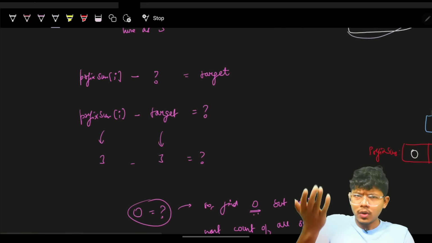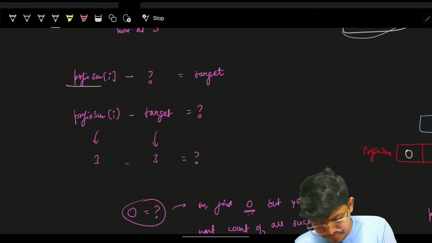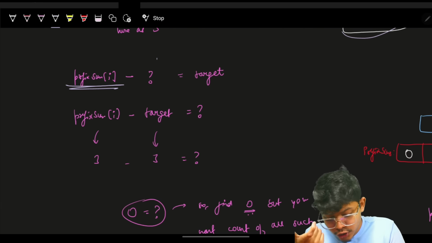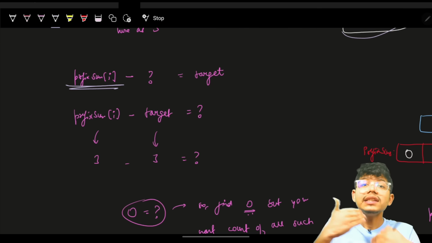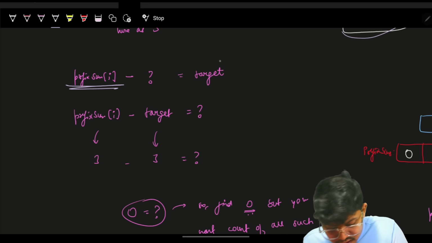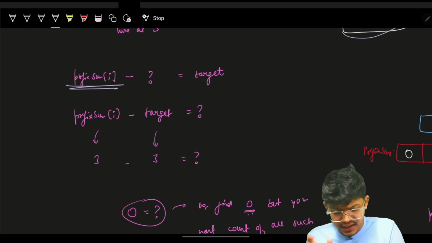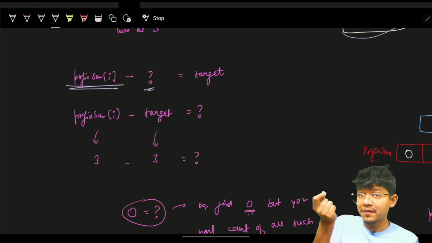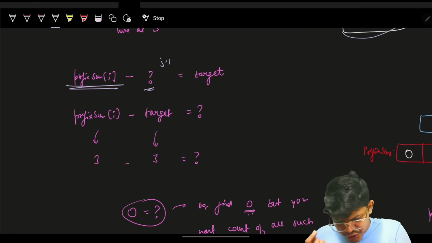Now this is how it will work. For example, if I know this is the prefix sum right now, you want the number of such subarrays which sum up to target. So I know that if I do a subtraction of the prefix sum of j minus 1, I should be getting a target.